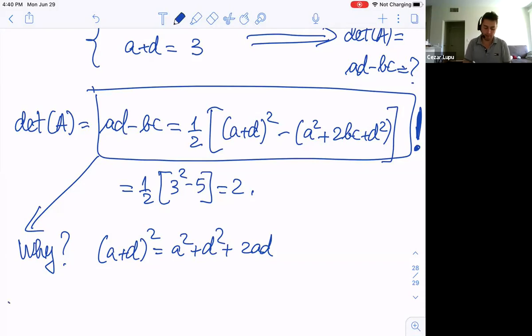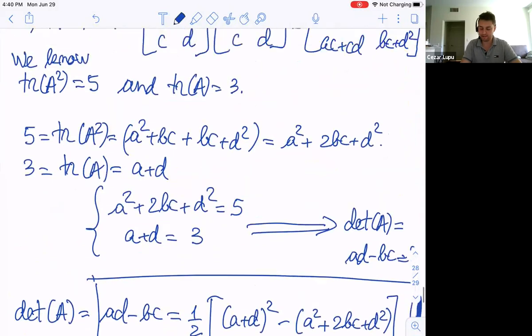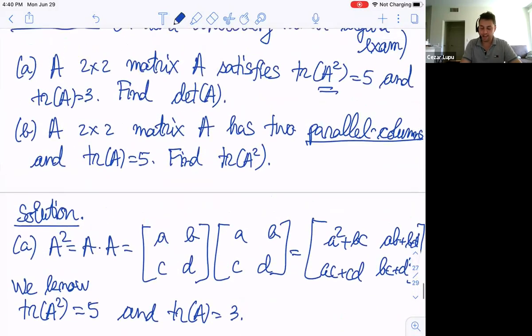Now let's do part B. So part B says the following, and pay attention, this is a bit tricky. A 2x2 matrix A has 2 parallel columns, and the trace of A is 5. So I need to find the trace of A squared.